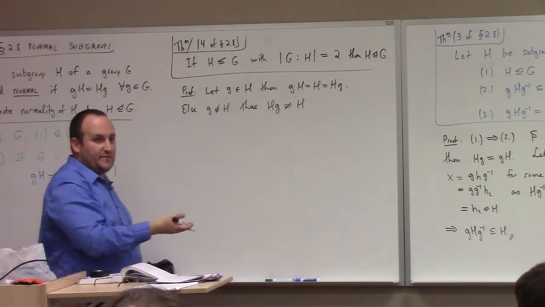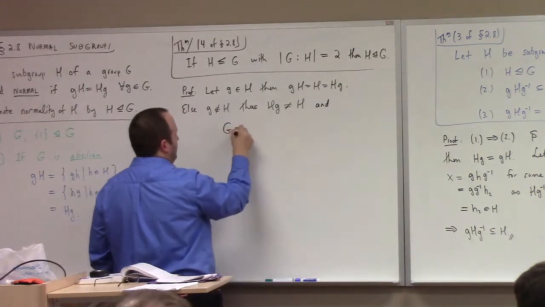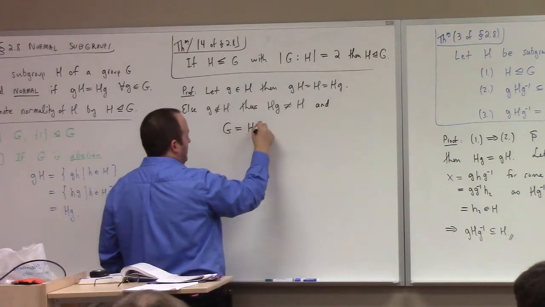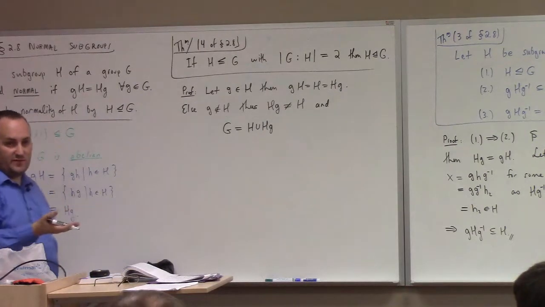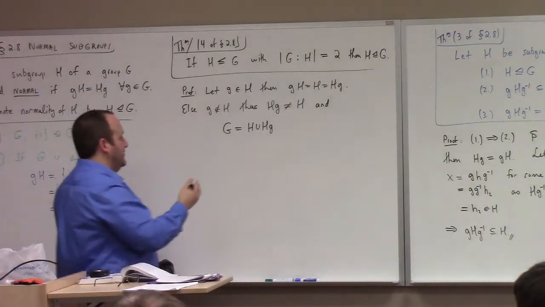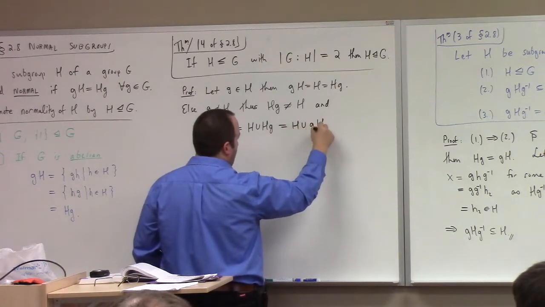But by our discussion the other day, G is the disjoint union of H and Hg. But you know what you can do for the left, you can do for the right. So it's also equal to the disjoint union of H and gH.